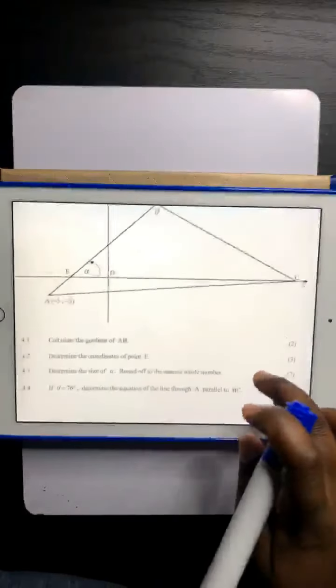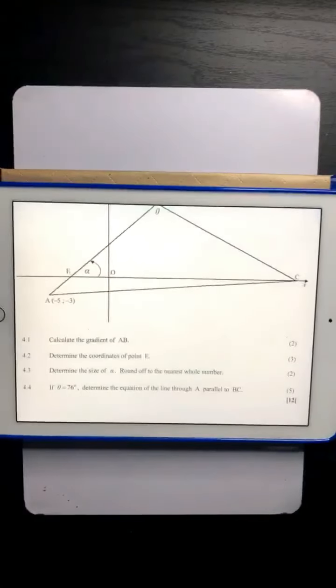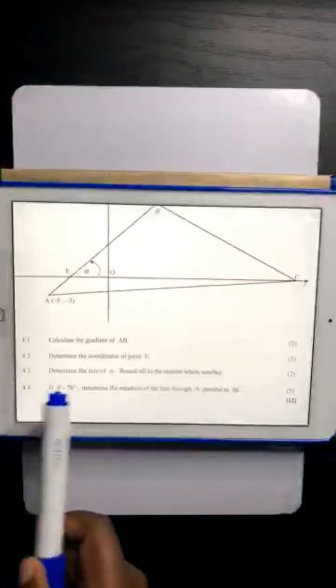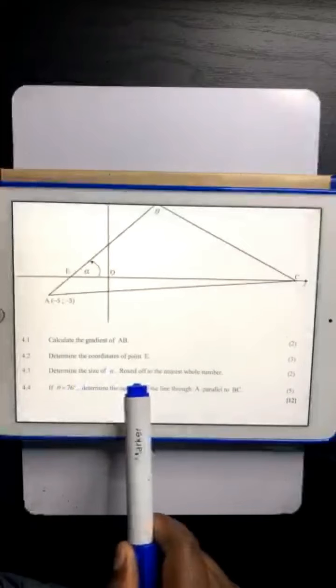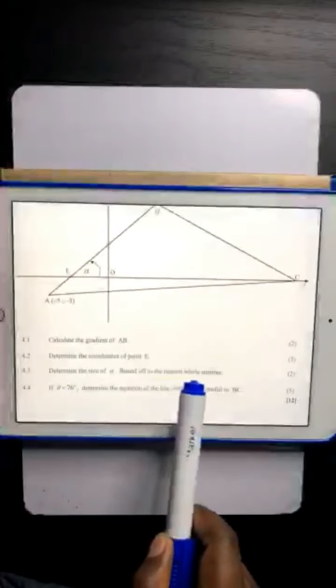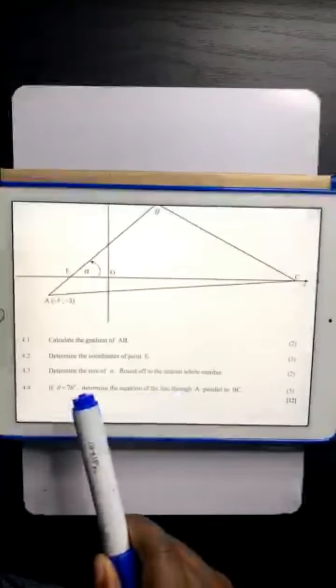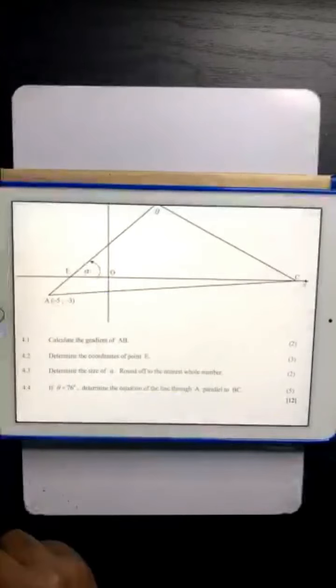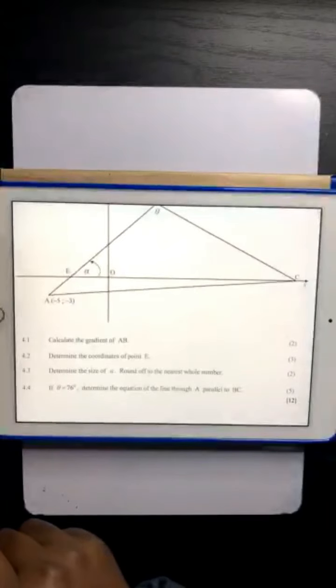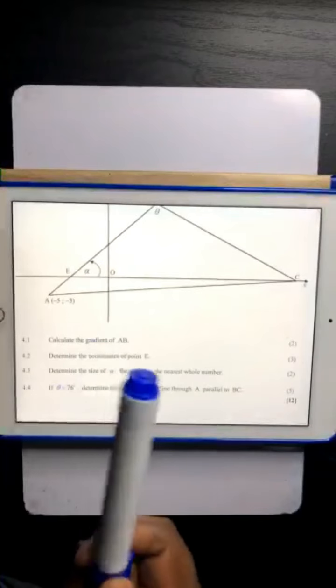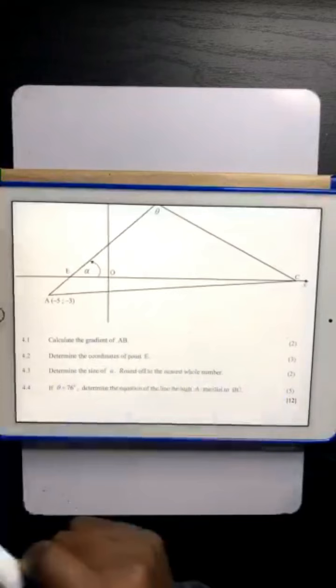So now, Mr. Elton, 4.3, determine the size of alpha, round off to the nearest whole number. What is alpha? Can you guys see that? Alpha is our angle of inclination. So we do know the formula, as Elton said. We say the formula is tan theta equals the gradient.